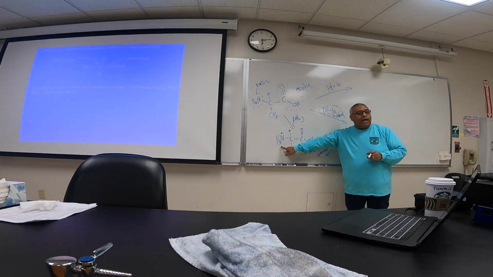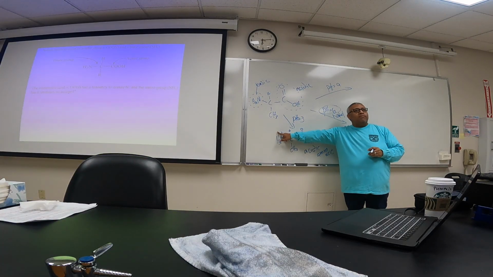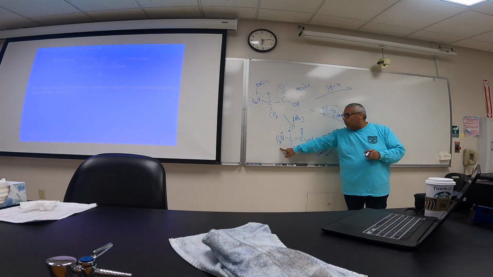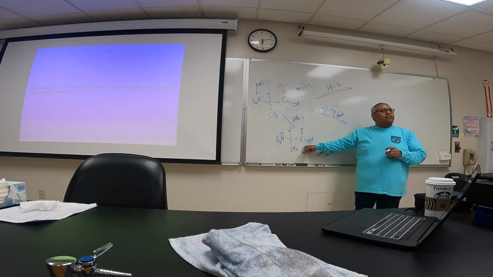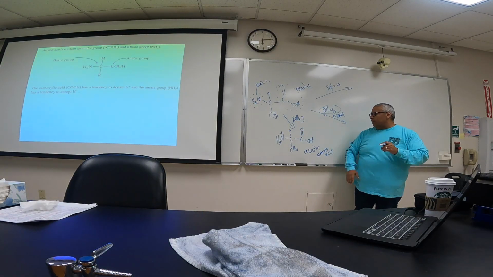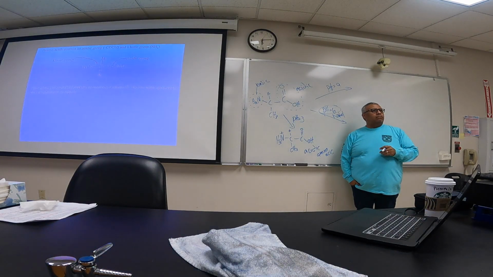It's acidic because I see this plus sign, which reminds me of NH4, ammonium, and I know ammonium is the conjugate acid of its base, ammonia. The carboxylic acid end is acidic, and this is now an acidic amino acid.